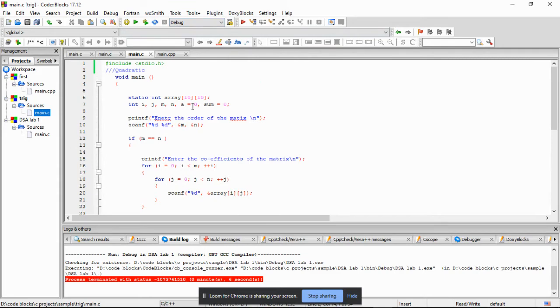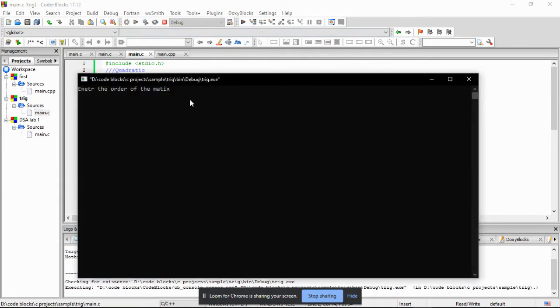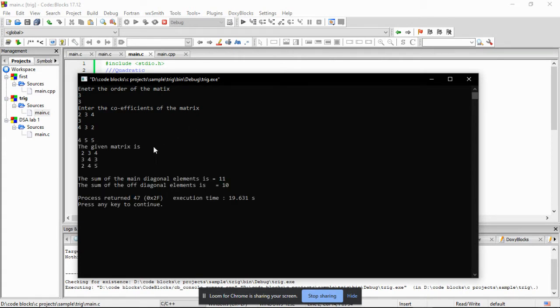So this is just the sum of diagonals of a matrix. We'll run it. Now let's give it a 3 cross 3 matrix. Okay, random coefficients, so we'll give it those. So we have this matrix.